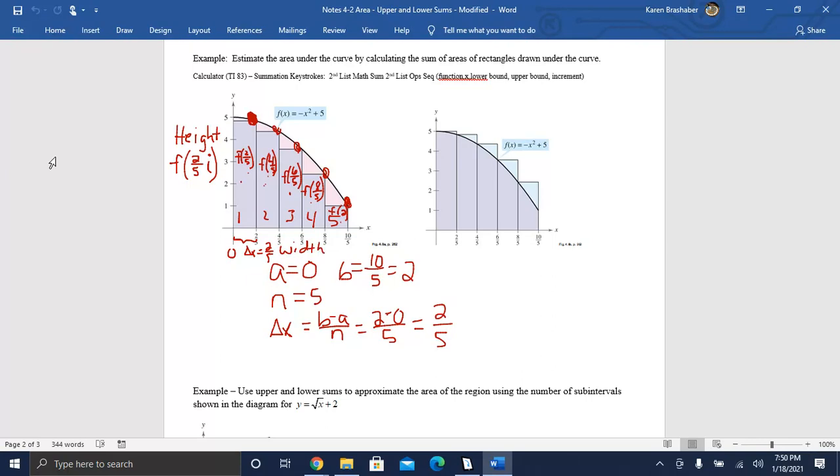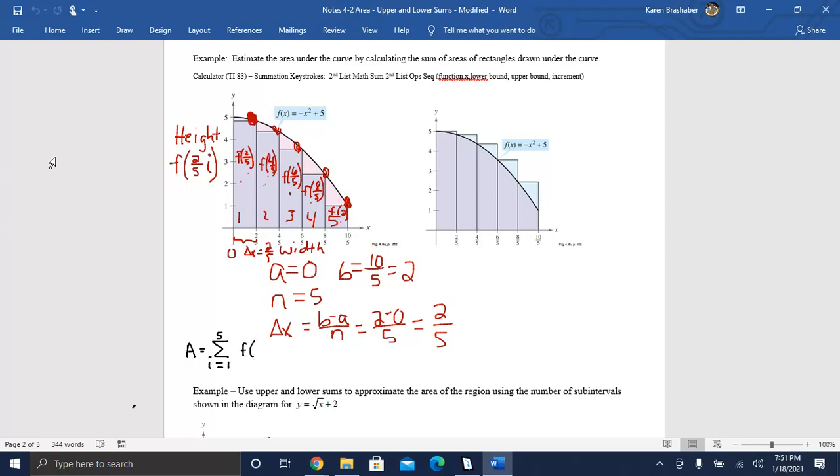So now we're going to calculate the area. And so the area is equal to the sum. So now we're going to use this summation symbol. And it is from I, this is my counter, equals 1 to 5 of, now I need my length, which in this case is the height.